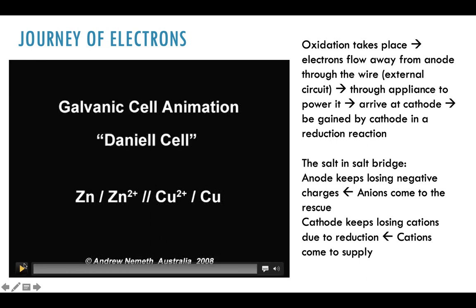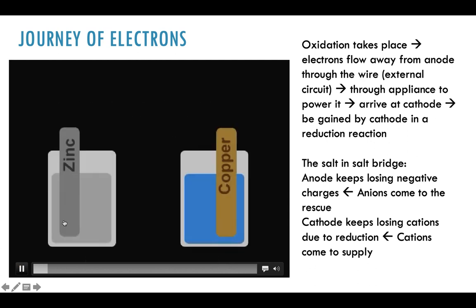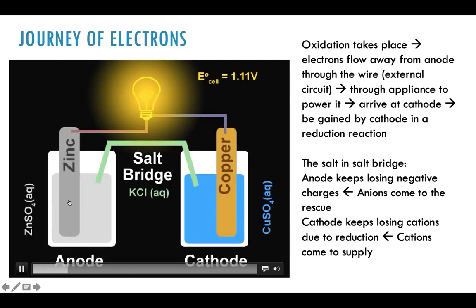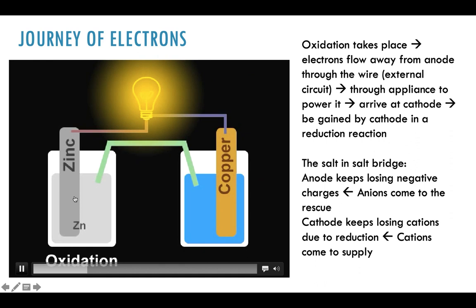Here there's an animation that will give you a better understanding of it. You can see that zinc is going through oxidation, and therefore the electrons being lost flow through the wire, through the external circuit, and come here to reduce the copper. At the same time, zinc cation is constantly being produced.